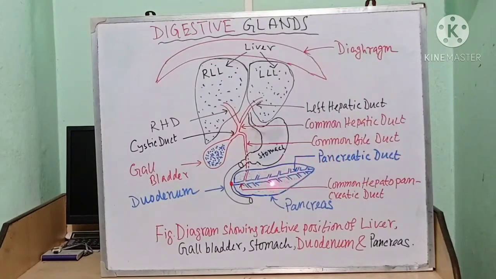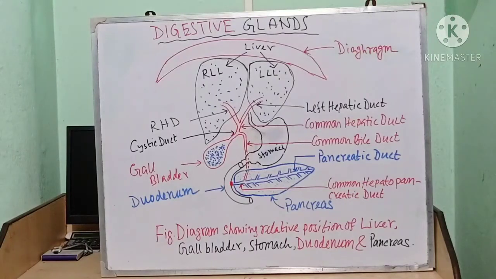They unite to form the common hepatopancreatic duct. This portion of the duct is called the common hepatopancreatic duct. And this duct opens into the duodenum through the ampulla of Vater. This is the ampulla of Vater. Do you follow?